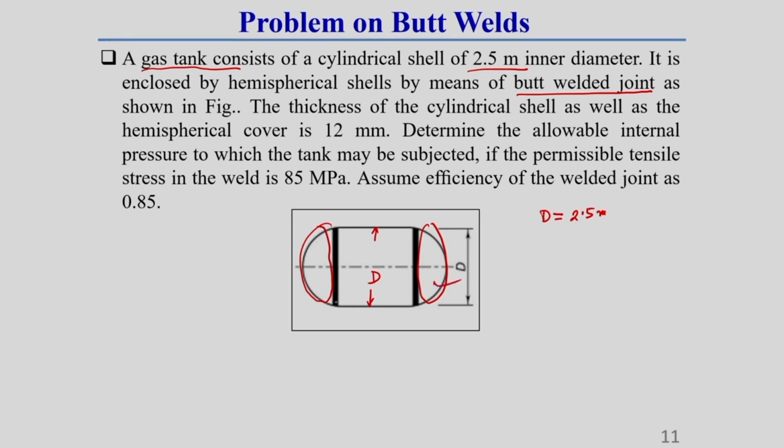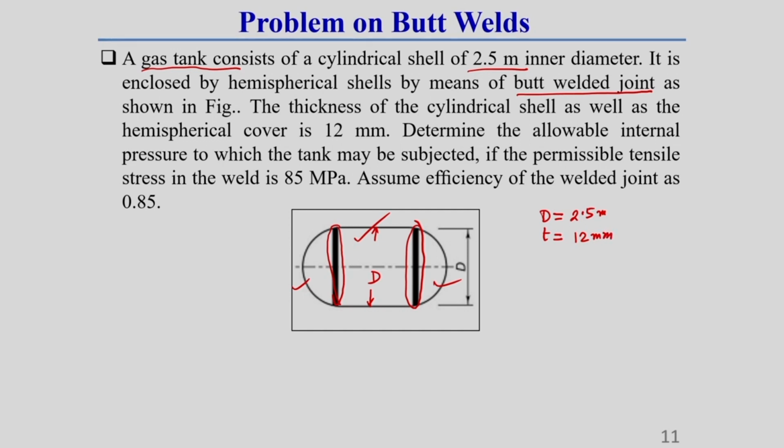So, these two hemispheres are joined together with this cylindrical gas container by using butt weld. Here you see the black color represents one butt weld, this is another butt weld. Now, the thickness of the cylinder shell is given as 12 millimeter.